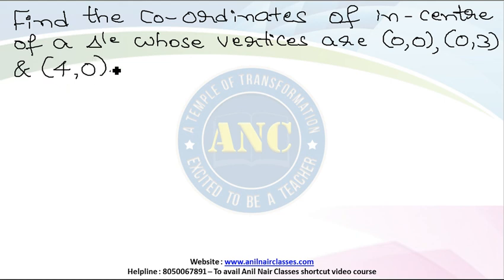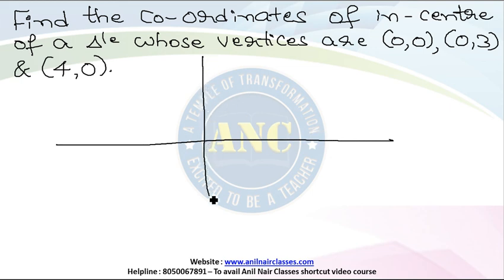Now see here, sir. Let us represent it in a coordinate axis. This is x axis, this is y axis. The 3 points which are given are 0, 0, which is nothing but my origin, right? 0, 3, y coordinate is 3, x coordinate is 0. This is my point 0, 3. 4, 0: x coordinate is 4, y coordinate is 0.